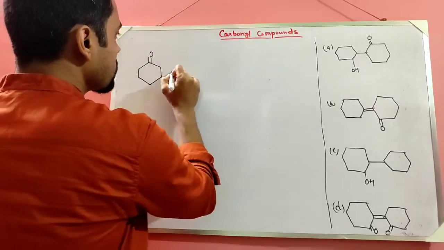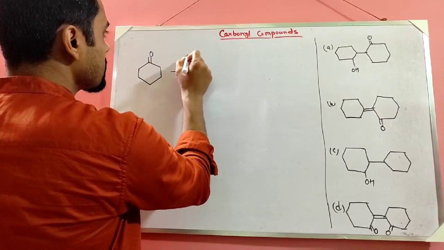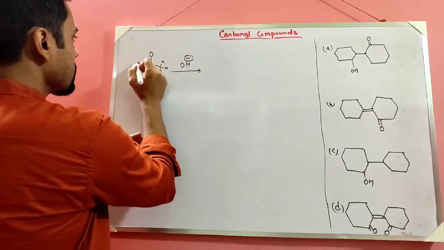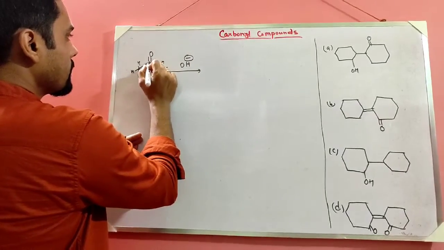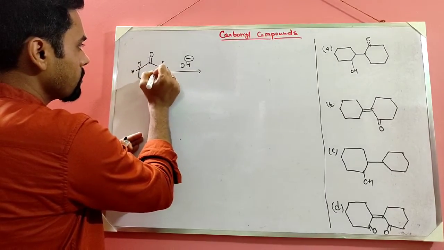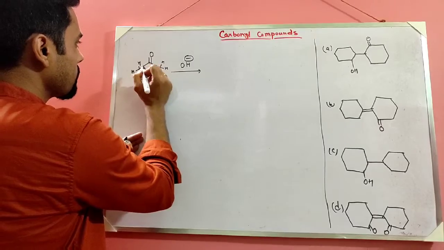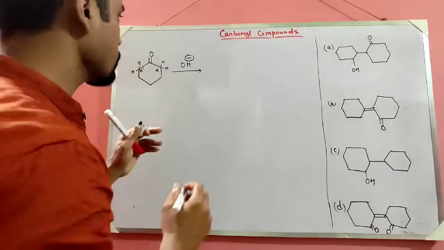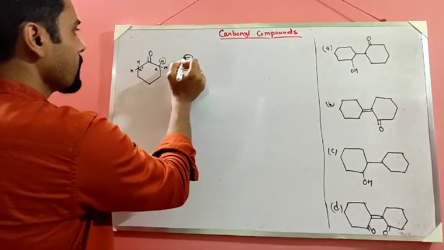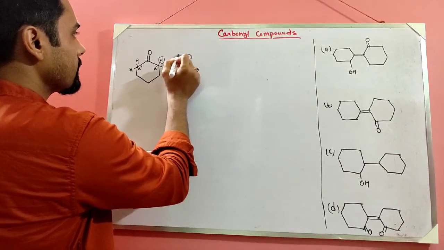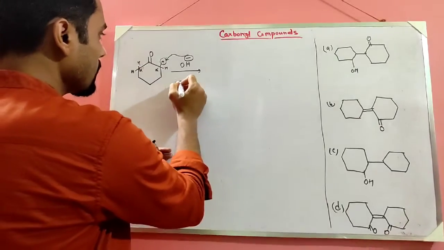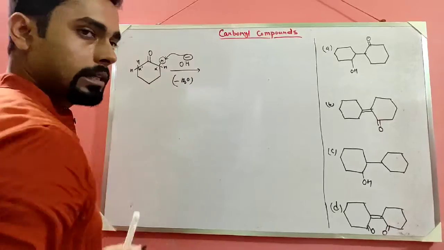In presence of base as catalyst, the hydrogen atoms present at the positions alpha to the carbonyl CO group, the keto group, are alpha and alpha dash, similar hydrogen atoms. These are acidic because of the presence of the CO group. So when base reacts, a proton is eliminated with water formation.